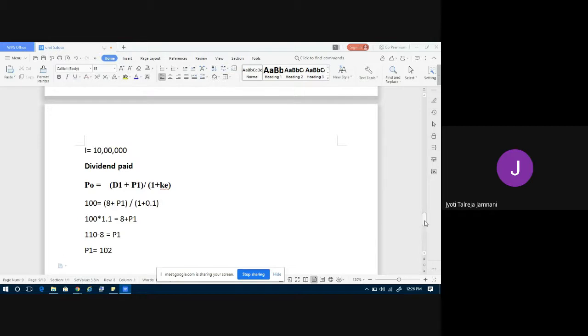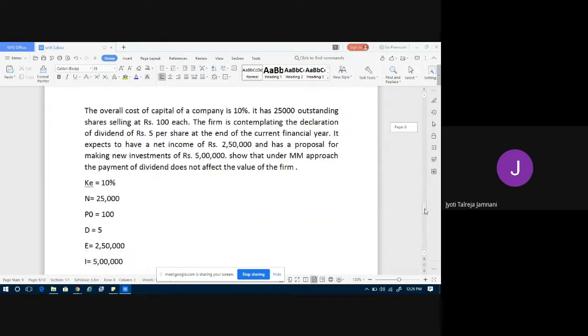Now we'll find the new number of shares and then the value of the firm.